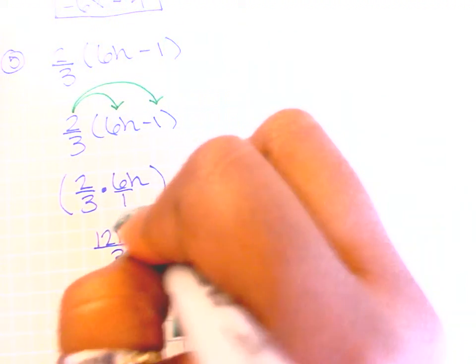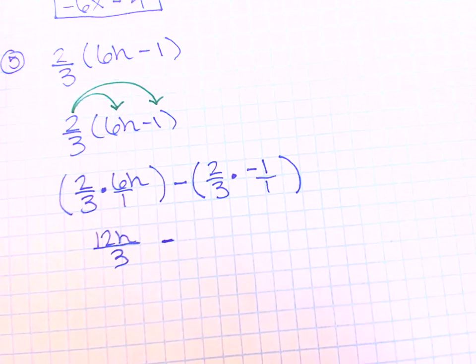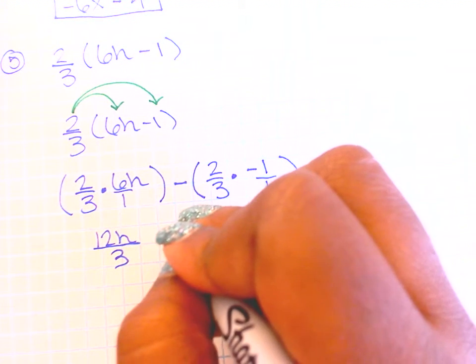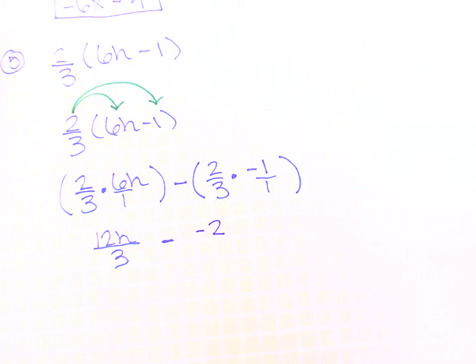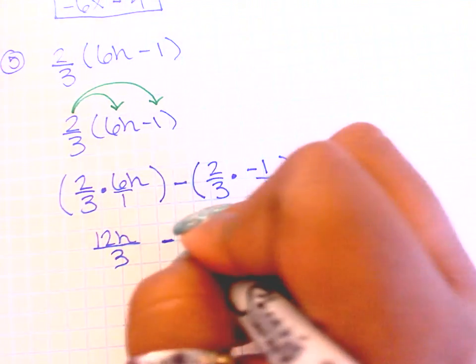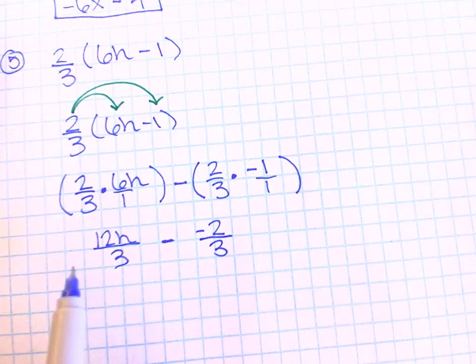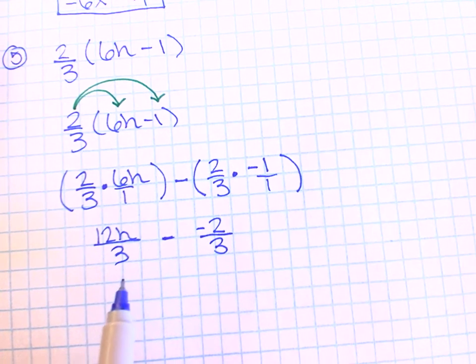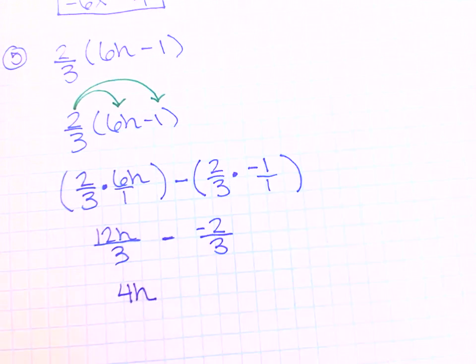Break down my subtraction sign. 2 times a -1 is -2. And 3 times 1 is 3. Can this be simplified? Yes, it can. 12 divided by 3 is 4, so I know that's going to be 4h.